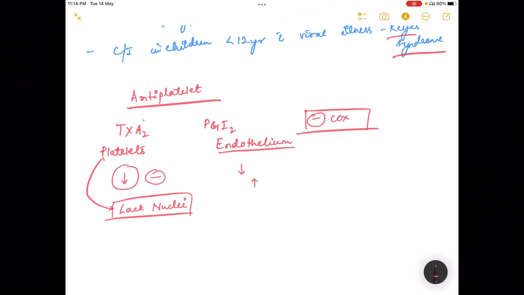This causes a rise in the PGI2, that is prostacyclin. And we know that thromboxane A2 has aggregatory properties, whereas PGI2 inhibits platelet aggregation.